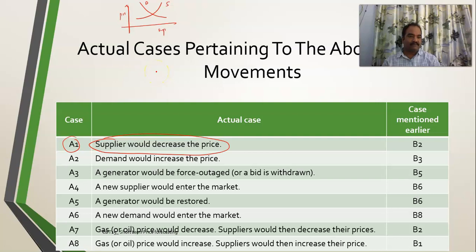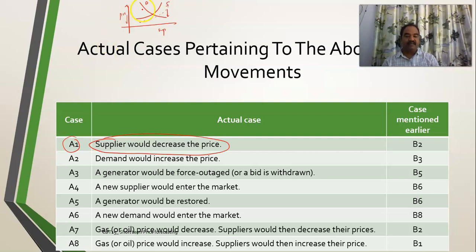Supply is not increasing, only the price is decreasing, which means the S curve is moving downwards only with respect to price. So this is a case. So what is happening now? Supply curve is moving downward. If supply curve is moving downward, what will happen? MCP will decrease and MCV will increase.